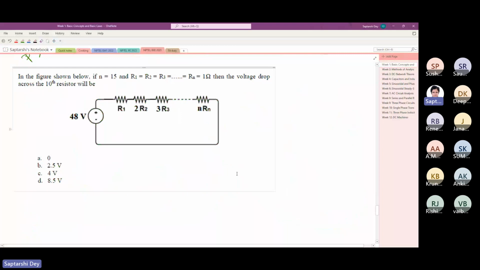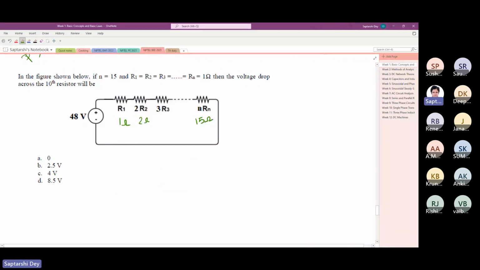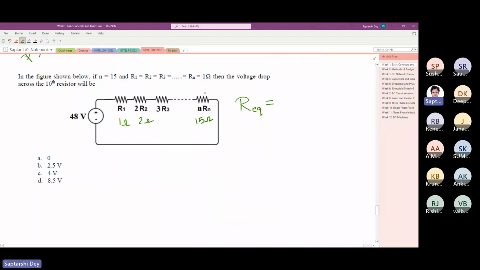All right, look at this question. This looks like a joint entrance question. In the figure shown below, if n equals 15 and R1, R2, R3 all are 1 ohm, so first one is 1 ohm, second one is 2 ohm, like this up to 15 ohm. Find the voltage drop across the 10th resistor. So what is the total equivalent resistance? They're in series.